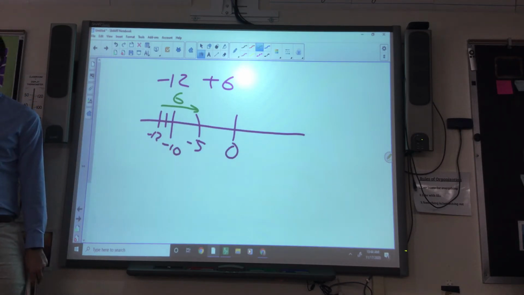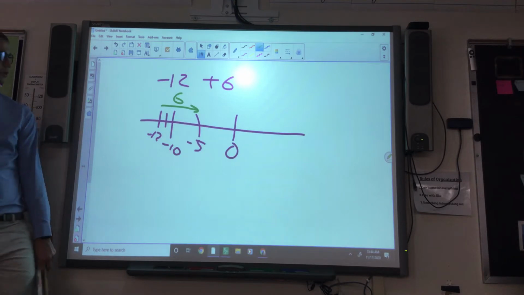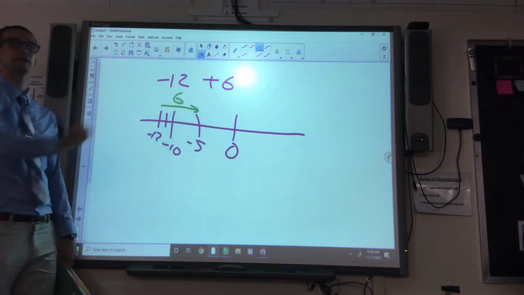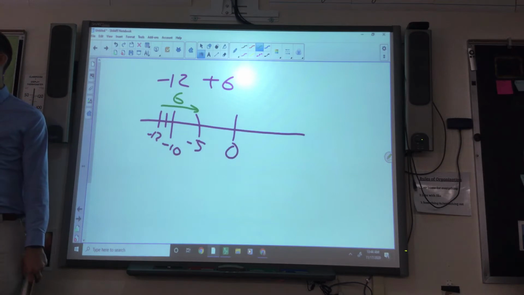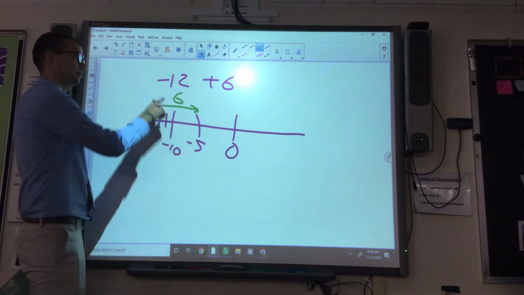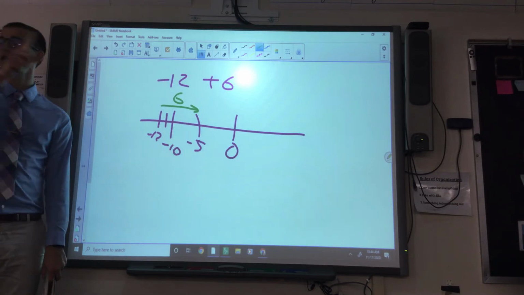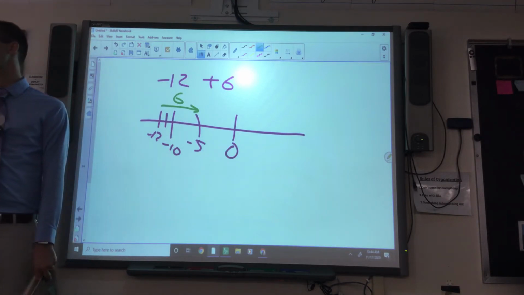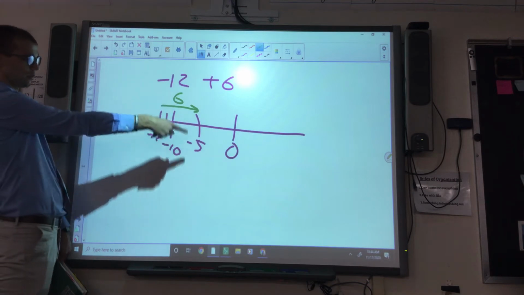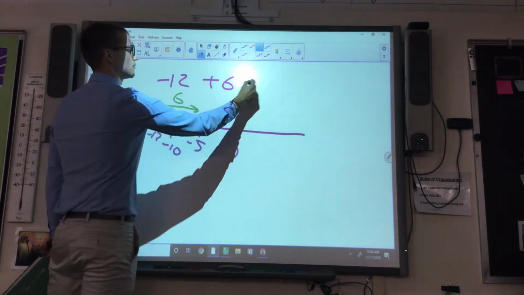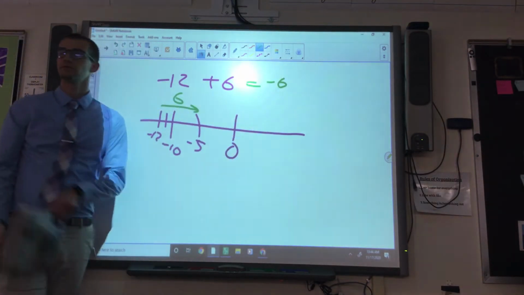Negative 8? Nope, you're at negative 12, you're going forward 6. Negative 6. Think about it, if you were at positive 12 and you went back 6, you would end up at 6. So negative 12, you go forward 6, you end up at negative 6.